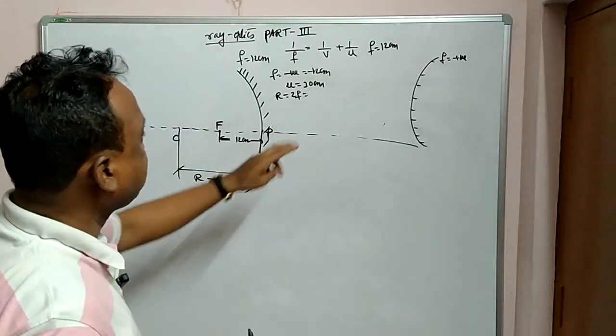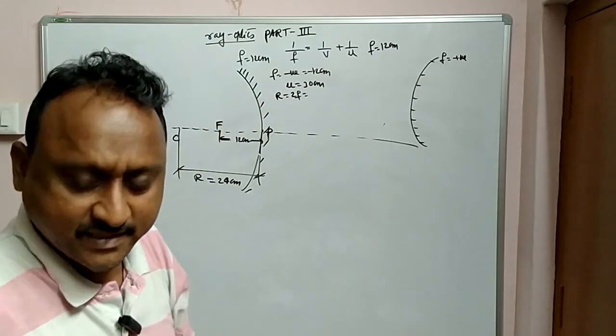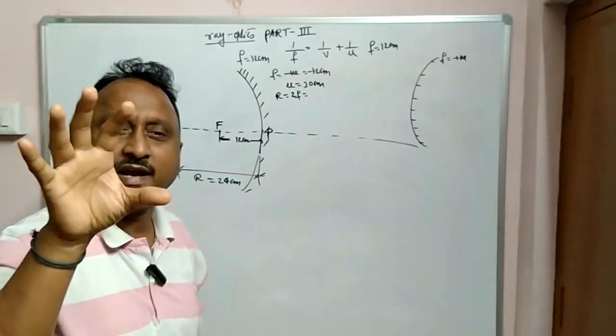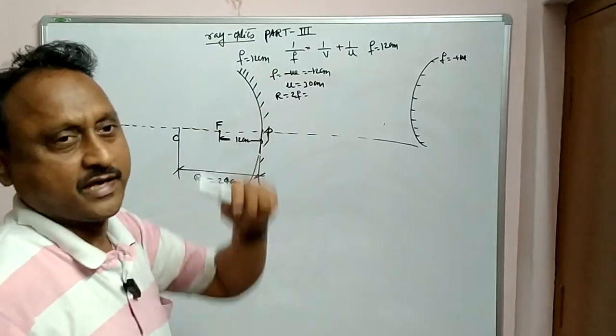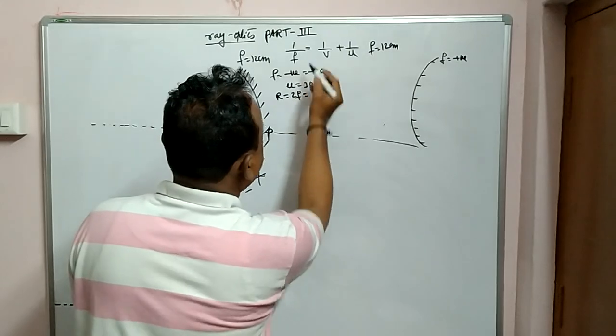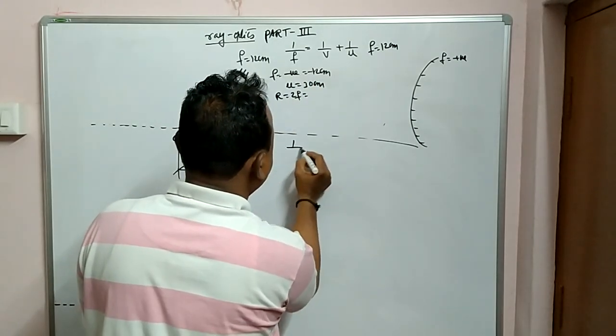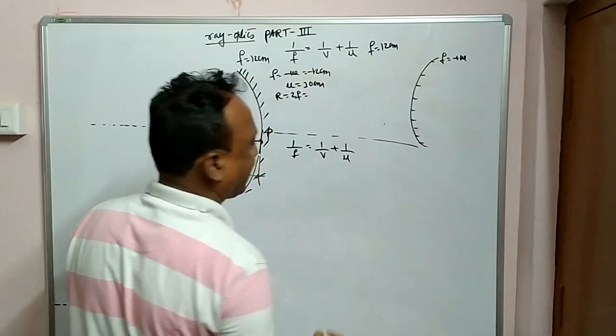Now the question gives the focal length and object distance and asks you to find the characteristics, what type of image is formed in this case for the concave mirror. In such a case, what should we do? We need the image distance. We know 1 by f is equal to 1 by v plus 1 by u for mirrors.